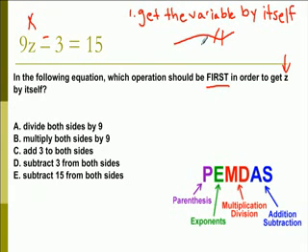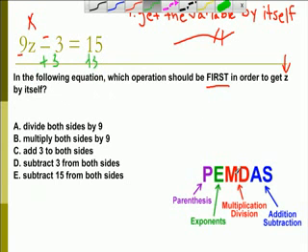Remember, that's important. If we're trying to get the variable by itself, we need to get rid of something. As you can see here, we're going to get rid of this 9 first by dividing all numbers by 9, or we're going to get rid of the 3 first by adding 3 to both sides. Well, if we look at our order of operations, we are not starting here, we're starting here.